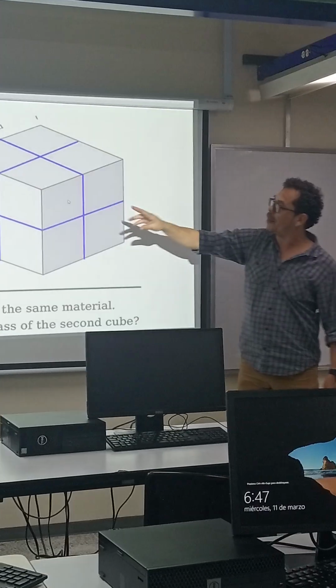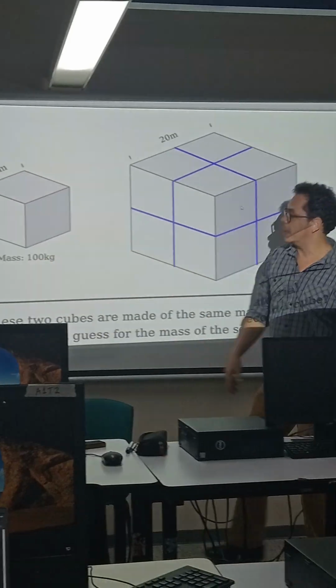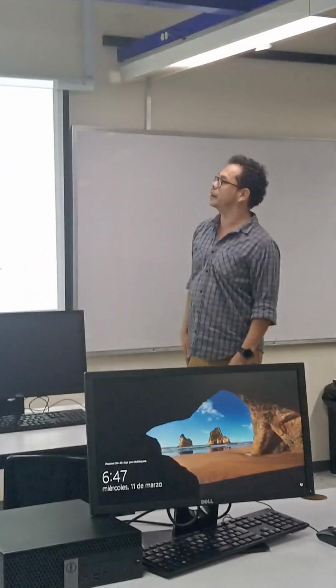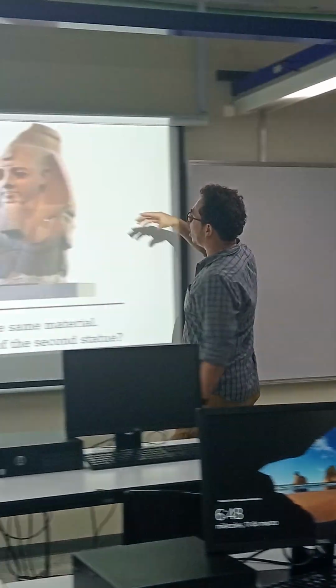This is 8 times that, and then you have 100 times 8, 800. This is an estimation because it's a regular form, a cube. But in this case, it's not exact because it's an irregular form. The figures are different, but we can estimate the maximum. We can estimate the upper bound.